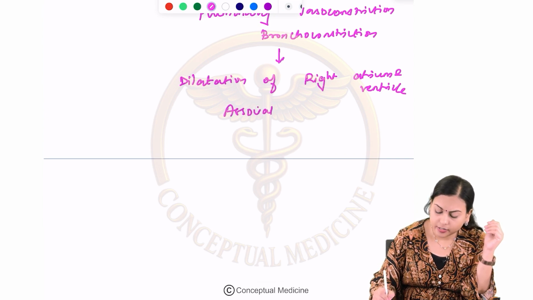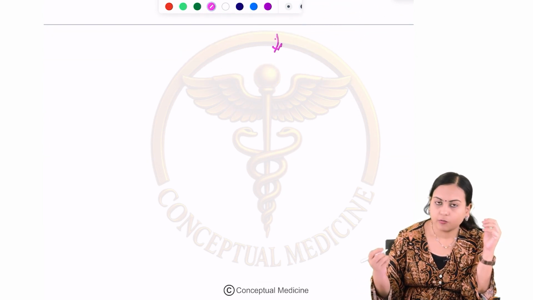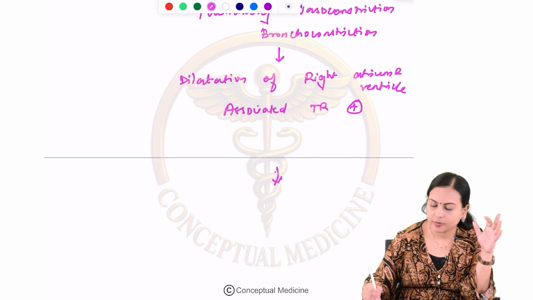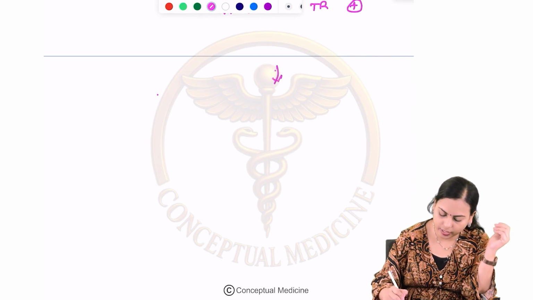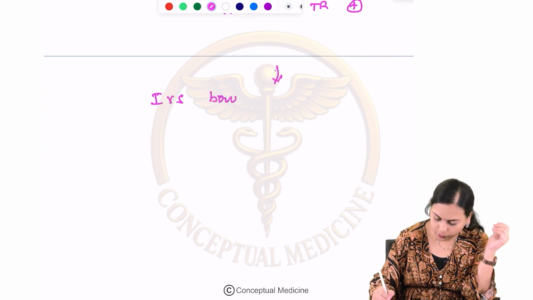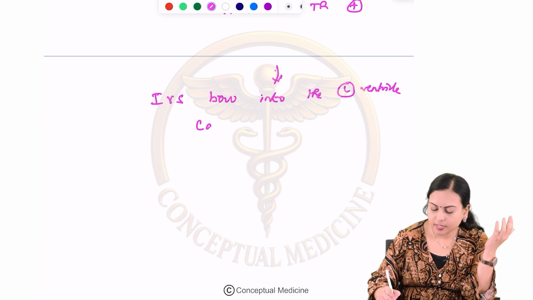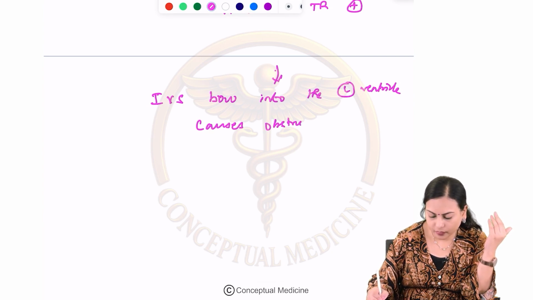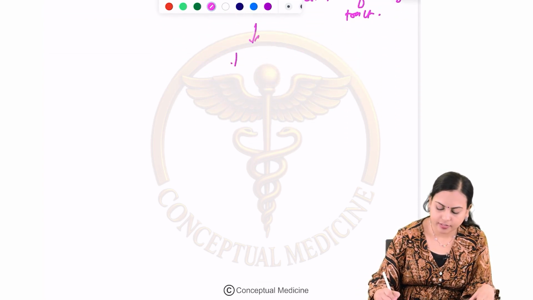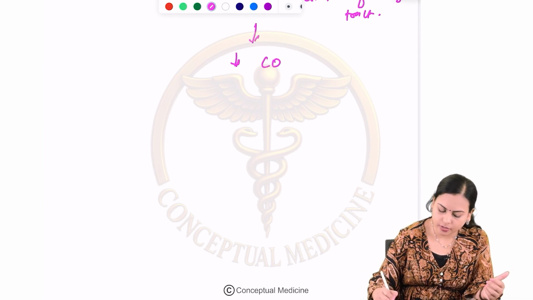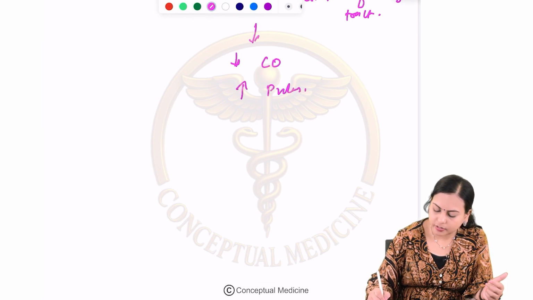Associated tricuspid regurgitation can also be present. Because of this dilatation, the interventricular septum is going to bow into the left side, especially the left ventricle, and this causes obstruction of the outflow tract. Because of this, definitely there is going to be reduction in cardiac output, and there is a further increase in pulmonary arterial pressure.